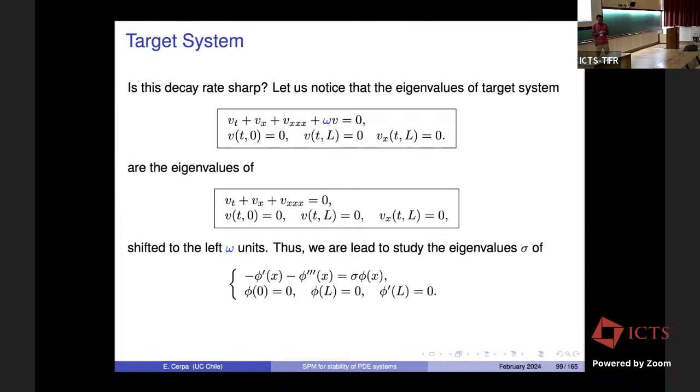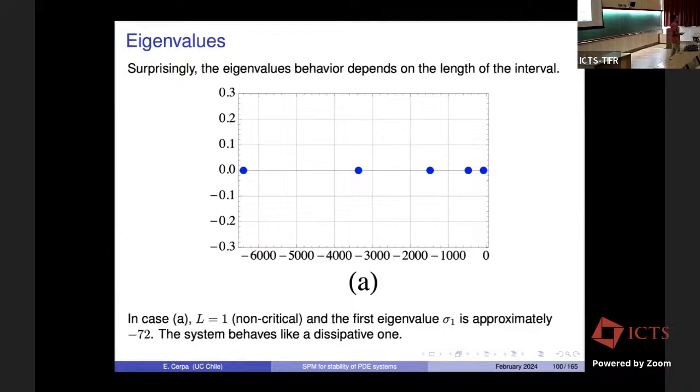Here, just to have a feeling, we can compute numerically the situation of the eigenvalues. Surprisingly, but not such a surprise, we know that the behavior of this system depends a lot on the domain where you are working.